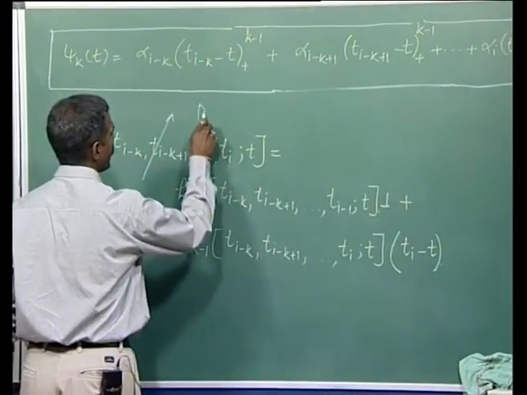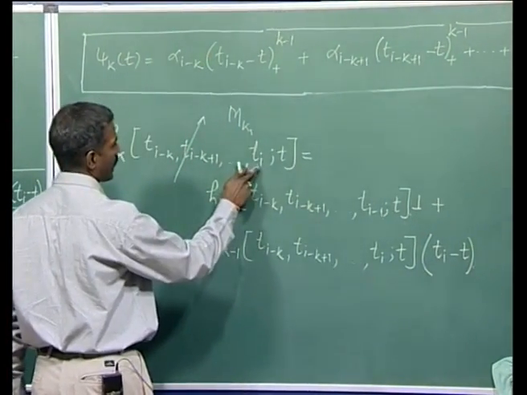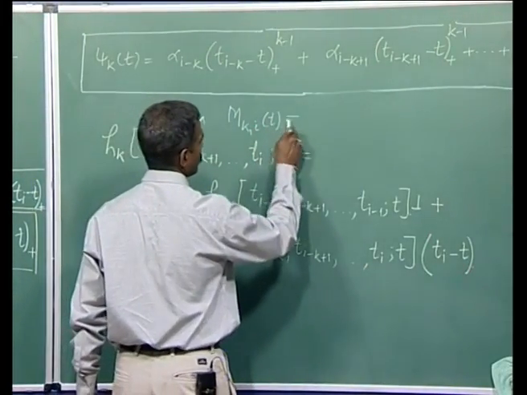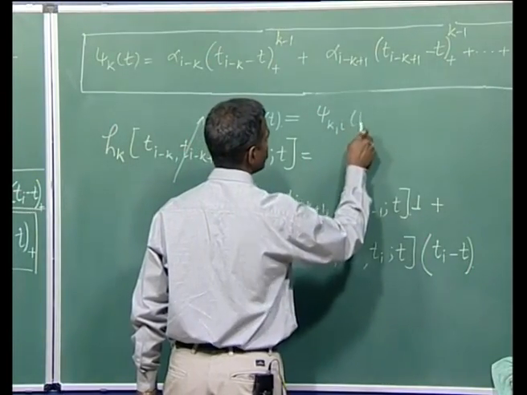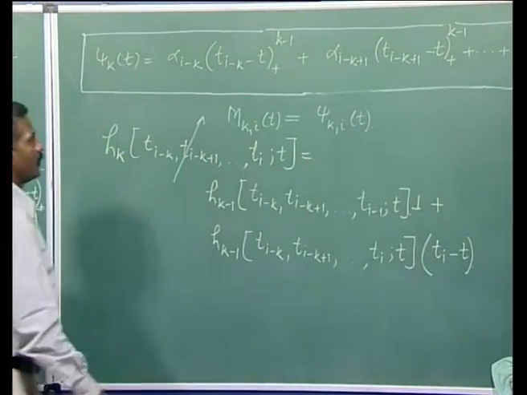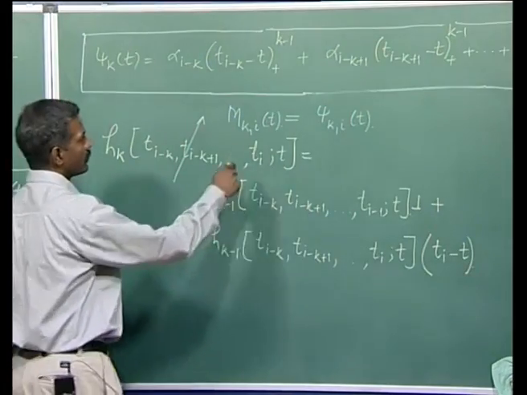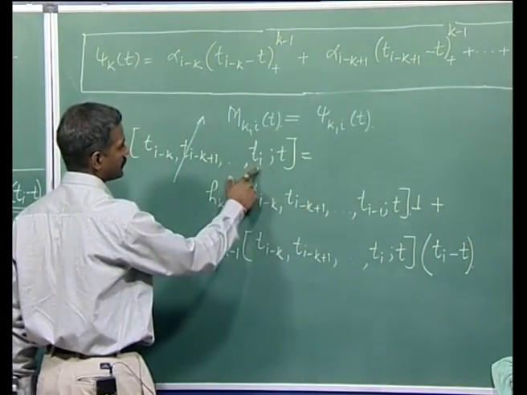This should be M_k, the last knot is i, of t. Also, this is psi_{k,i}(t). We have considered both conventions, or both notations, and you're free to use either psi or M. k is the order, i is the index of the last knot.